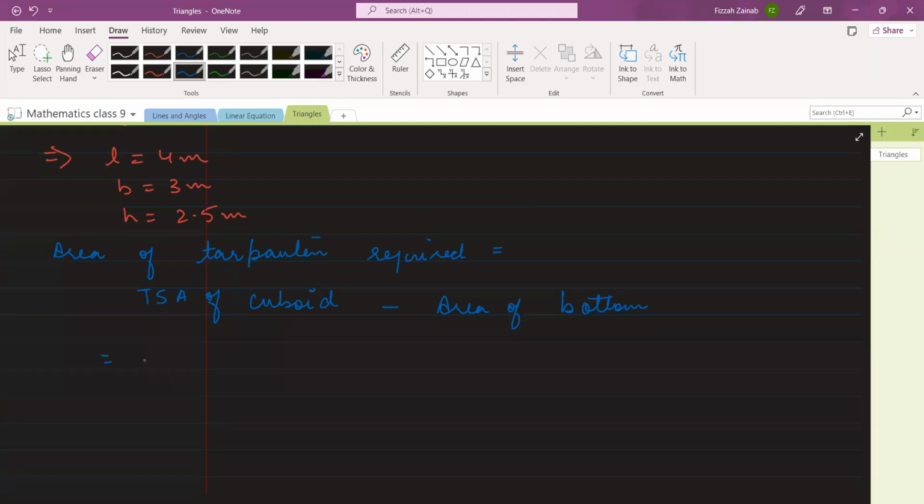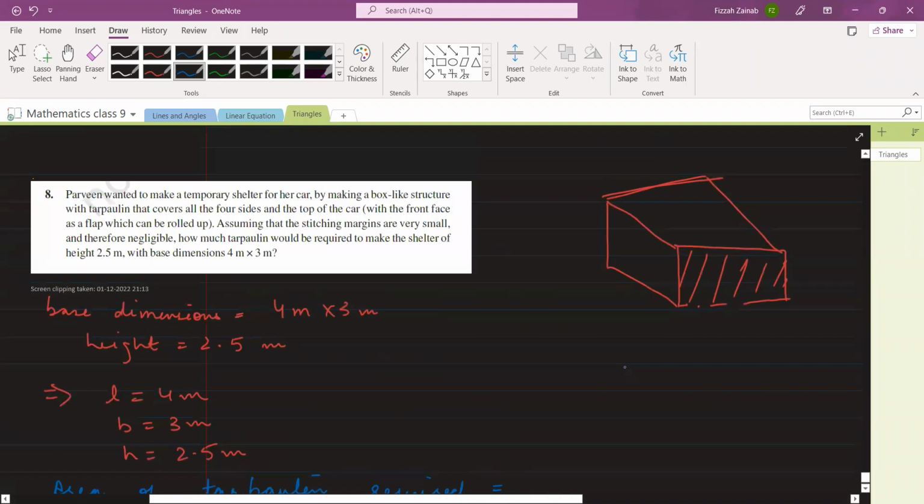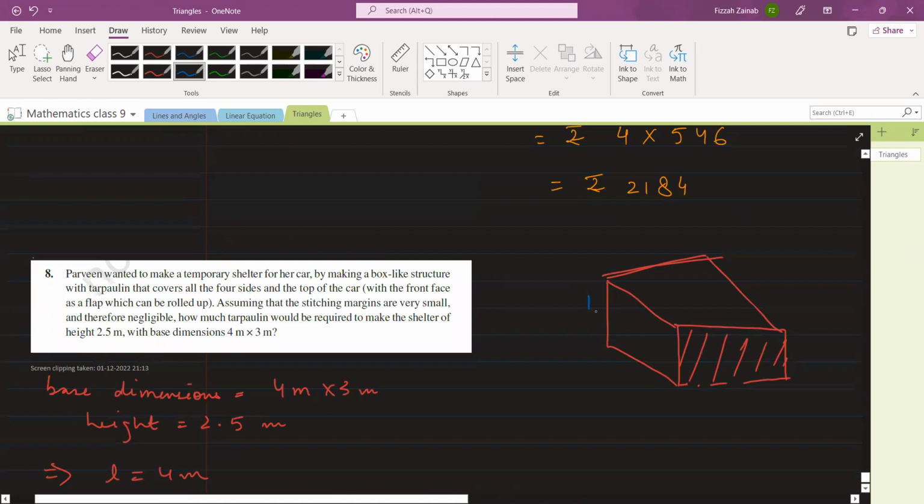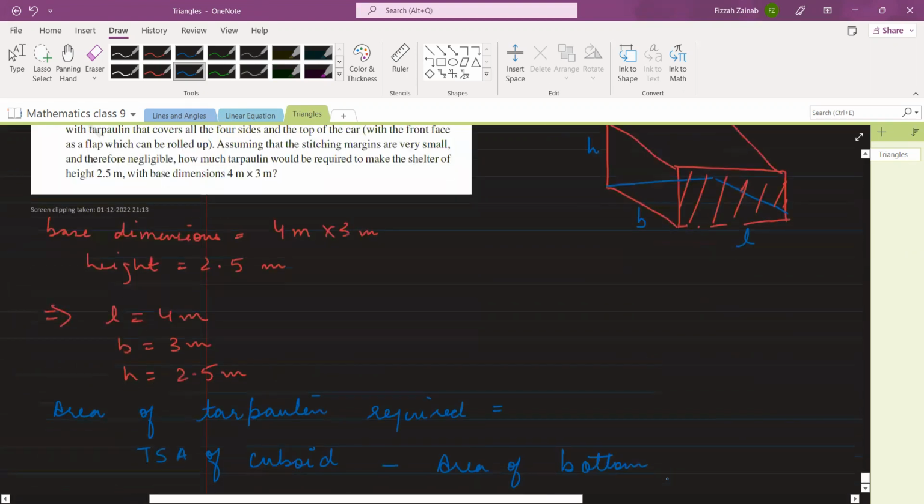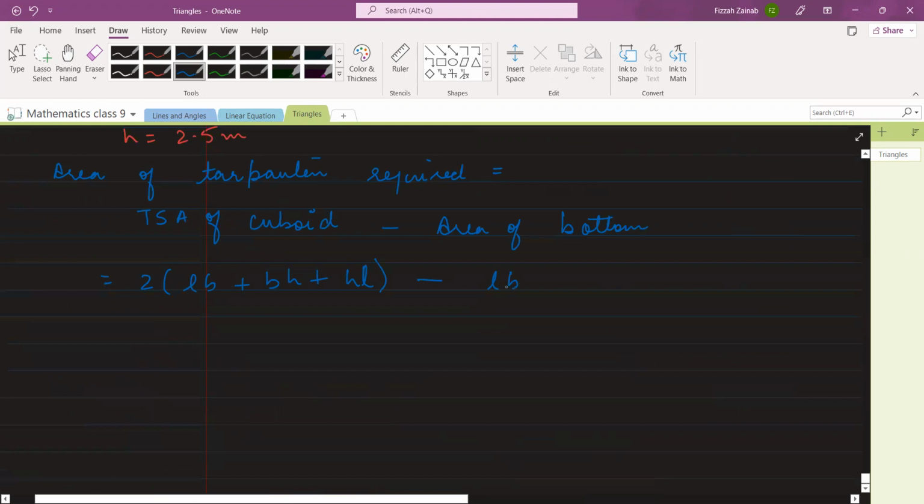So this we know, this is 2 into LB plus BH plus HL, right? Minus area of bottom. So what will be the area of bottom? Length into breadth, right? See, this is height. Bottom means just length into breadth. Understand? Yes, ma'am. Okay, so minus 1 LB. So LB you have to minus here.